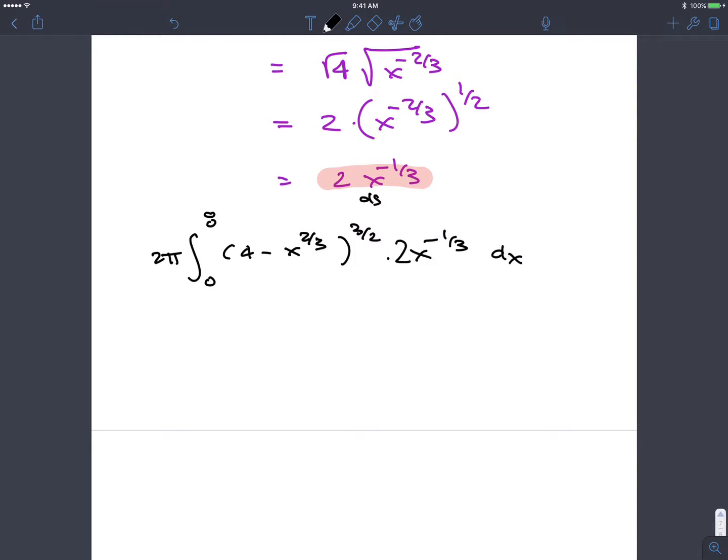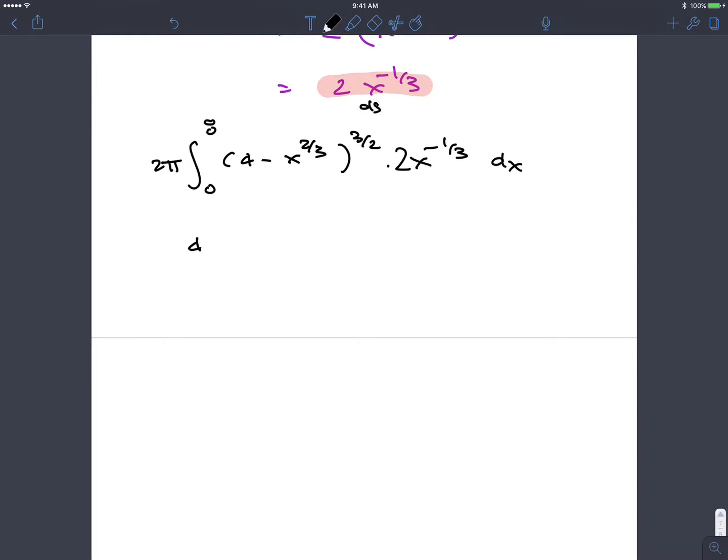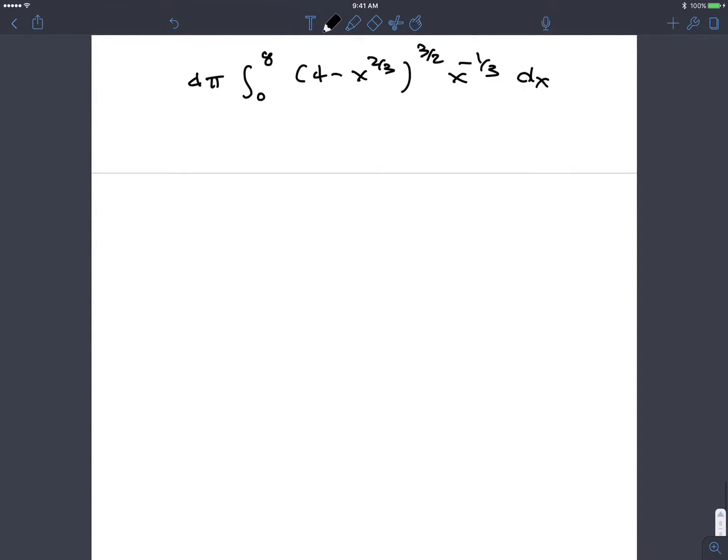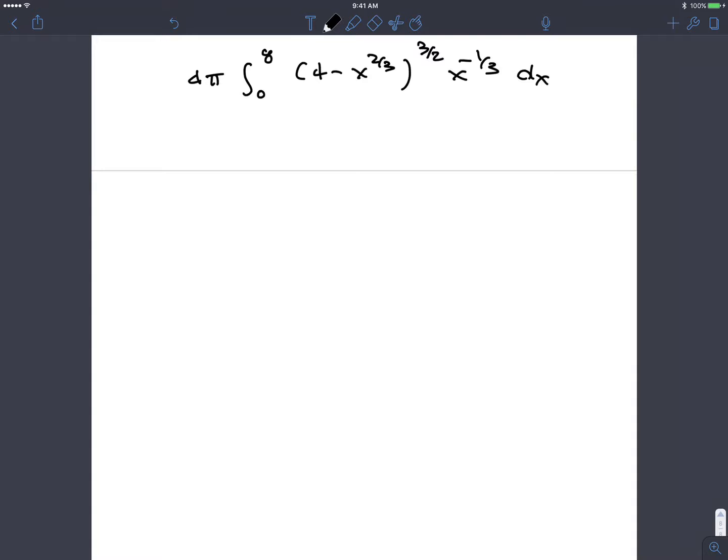There was a 2 there, and now let's pull out the constants and say we have a 4 pi here, integral 0 to 8, 4 minus x to the 2/3, everything raised to the 3/2, x to the minus 1/3 dx. A nice integral to perform this morning.